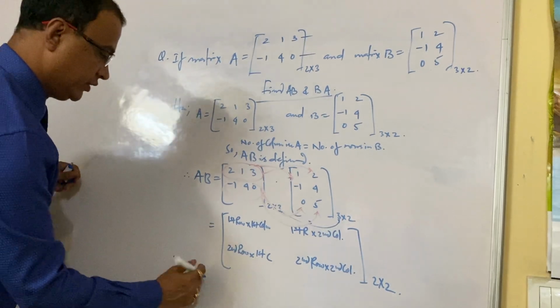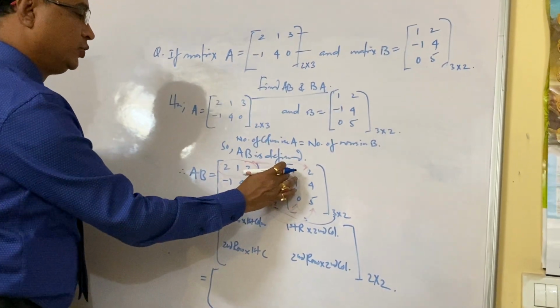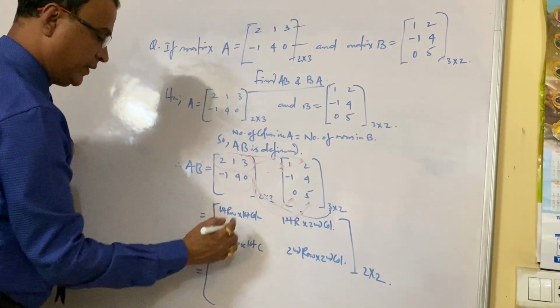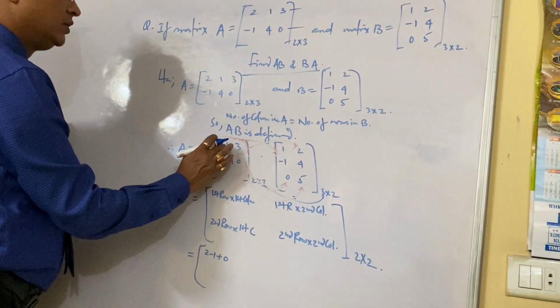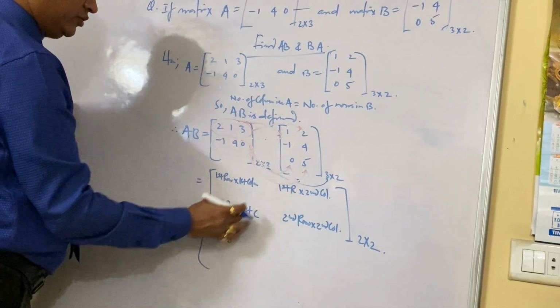Please multiply carefully. For the first row, first column: 2 into 1 plus 1 into minus 1 plus 3 into 0, so that is 2 minus 1 plus 0. First row done for the first column.